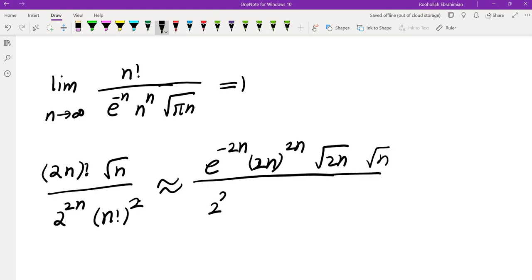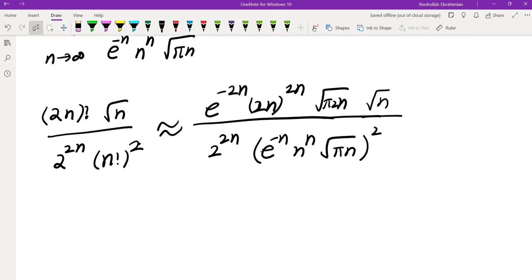At the bottom, we get 2 to the 2n, and then e to the negative n, n to the n, root pi n. I guess I had root pi times n, and then all of that squared. And approximation means, in this case, that the ratio is 1.